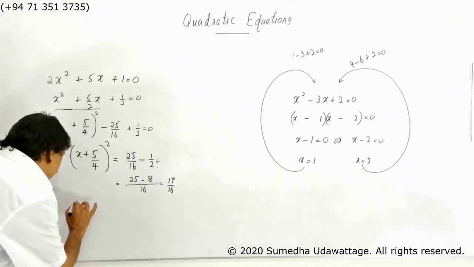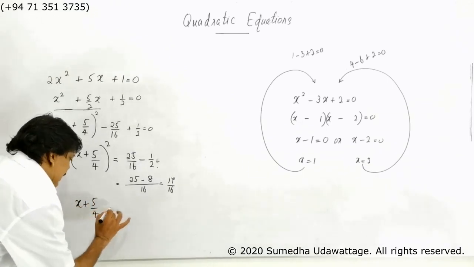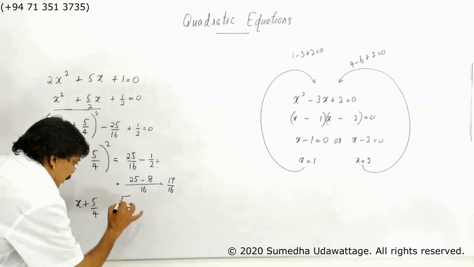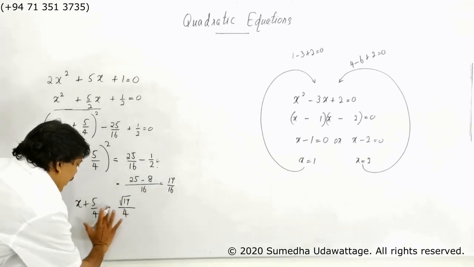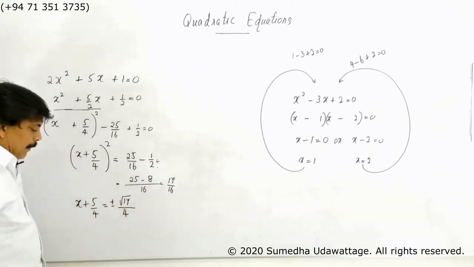Then x + 5/4 is equal to the square root of this. Then you get the square root of 17/16, the square root of 16 is 4. When you write the square root, you have to write plus or minus.